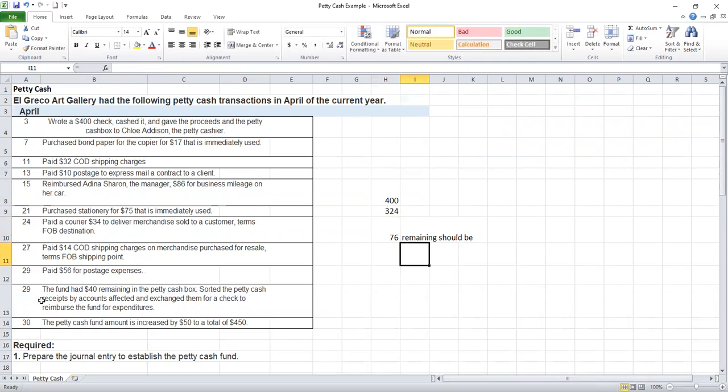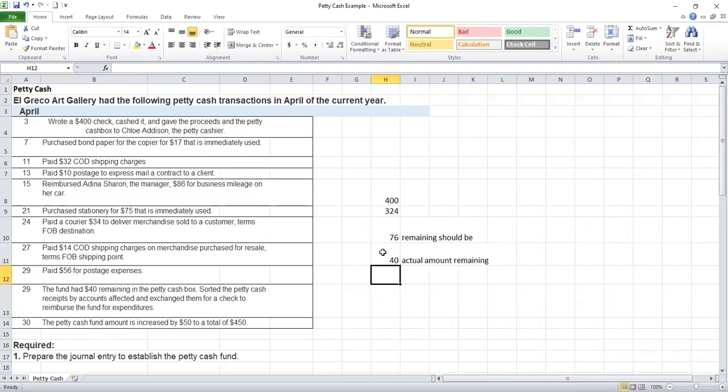But April 29th, we looked through the fund and there's only $40 remaining in the petty cash box. And so we should have $76, but we only have $40. That's an issue, and that's more internal controls, talk to your manager, figure something out. Why is their money missing? But for accounting purposes, we actually have to make a journal entry for this difference. So we should have $76 left in petty cash. $40 is the actual amount remaining.